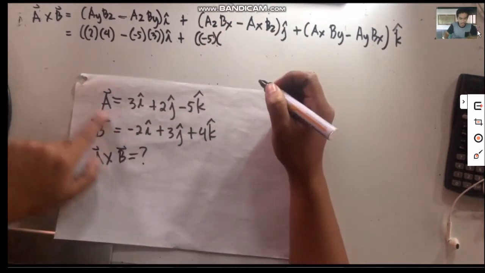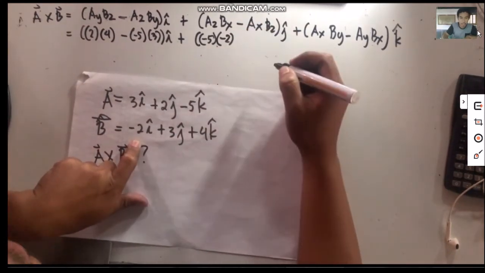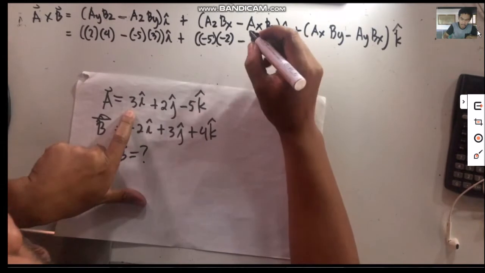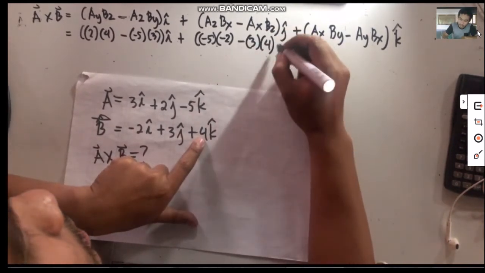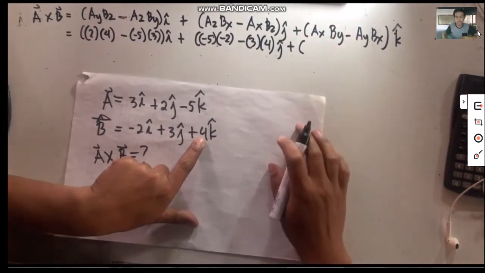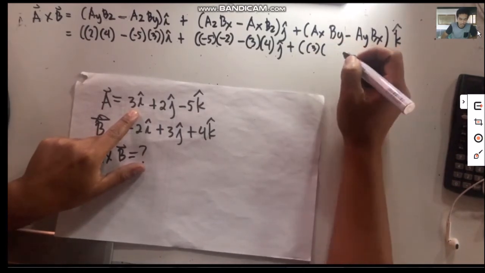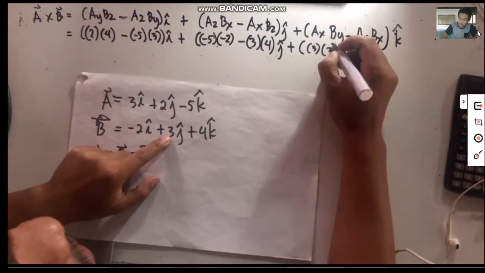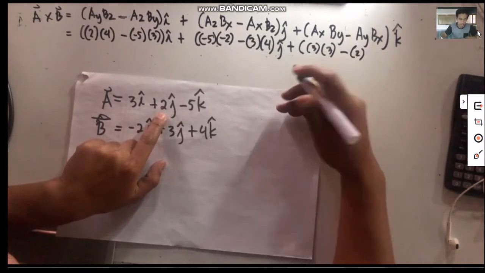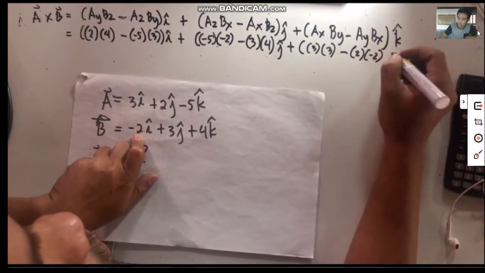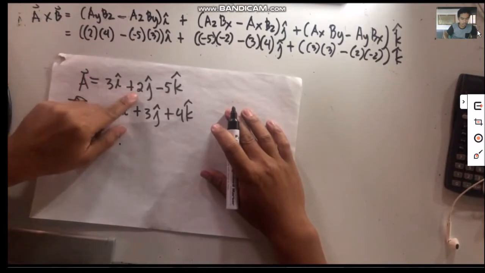Then bx is negative 2. Minus ax is 3. Then bz is 4. Then j hat, plus ax is 3. Then by is 3. Minus ay is 2. Then bx is negative 2. K hat.